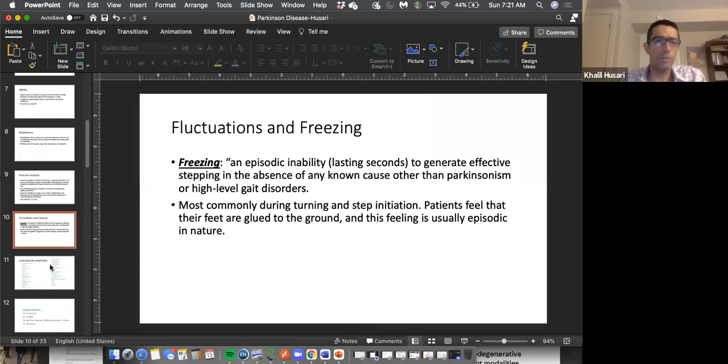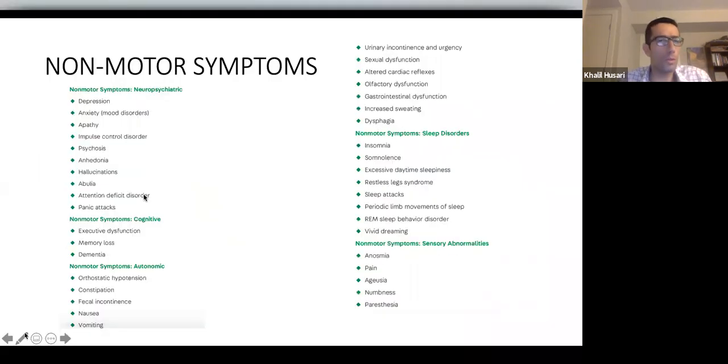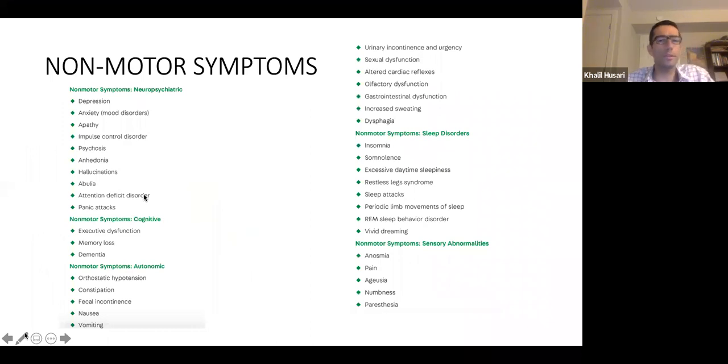Okay, let's go back. However, Parkinson's disease has a lot of non-motor symptoms. So it's not only the motor symptoms that we described. We have a lot of non-motor symptoms, and some of them start even before the disease happens, and some of them start later on. So non-motor symptoms including depression, anxiety, impulse control disorder, psychosis, hallucinations, panic attacks, executive loss, dementia in later part, right?